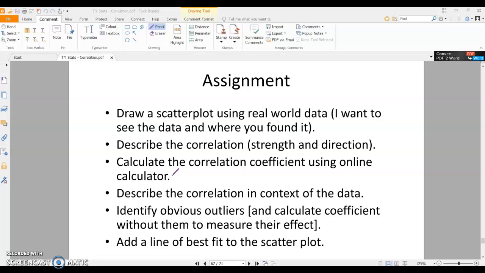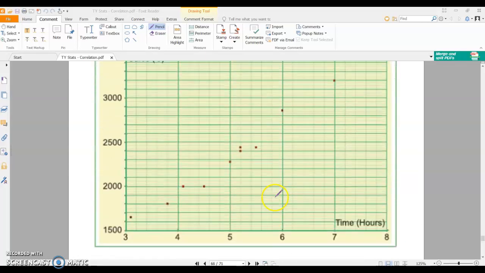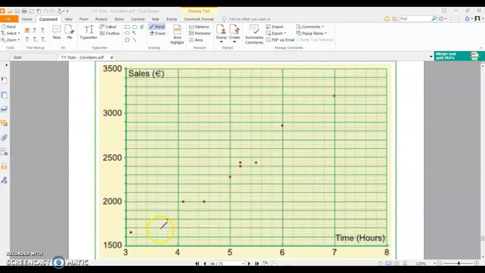I want you to describe the correlation in the context of the data. So you're describing it as strong, moderate, strong to moderate, positive, whatever, but talk about it in terms of what your data is. I think this scatter plot here is time spent with customers and the amount of sales you make to them, or something like that.